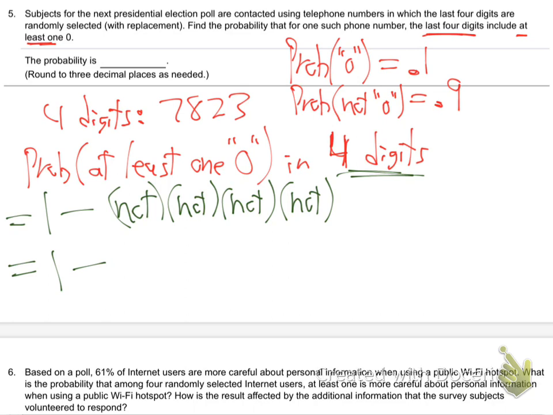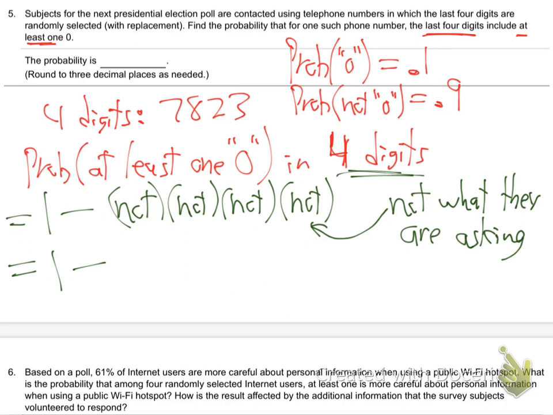And this is where people could get confused. I'm trying to make it super clear for you. Not what? Not what they are asking for. What are they asking for? A 0. They're asking for a 0.